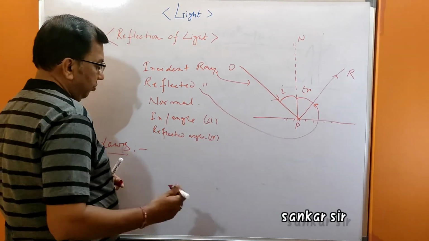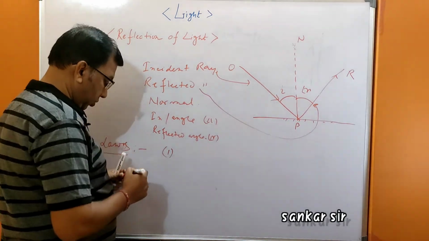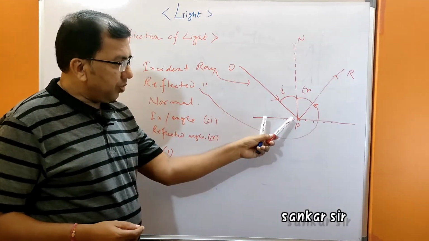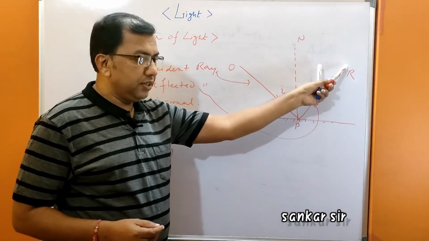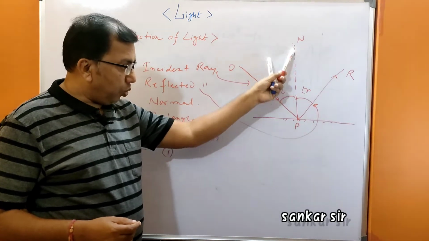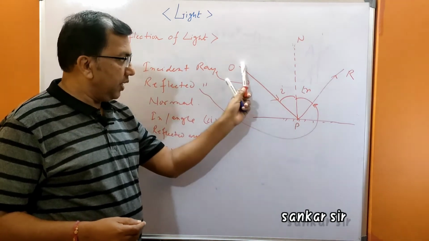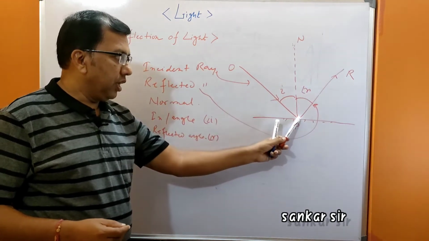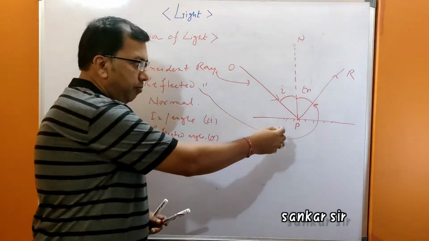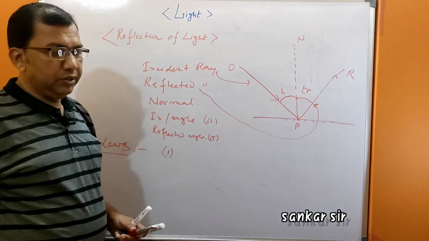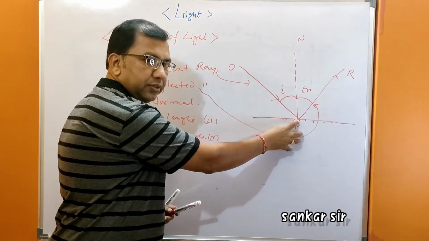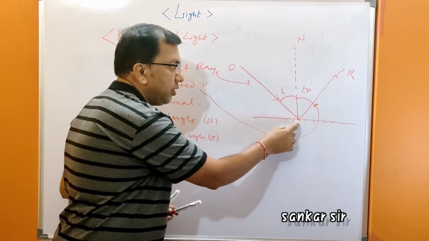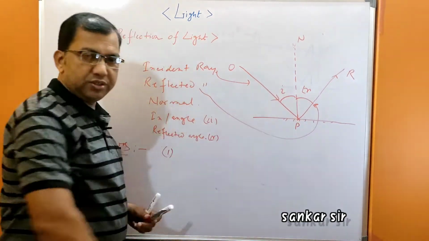First law: the incident ray, reflected ray, and the normal all lie in the same plane, at a particular point of incidence.